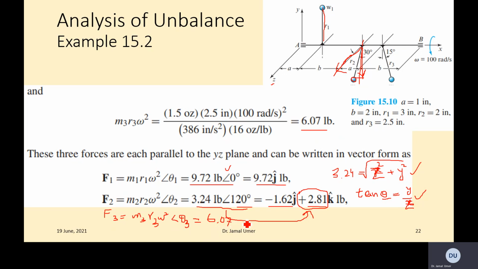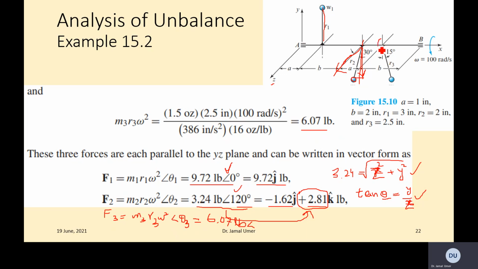Then this is in pounds, and for the angle you need to look carefully at what the angle is from the positive y-axis. All these angles are taken from the positive y-axis. You need to take one consistent reference. So you start from here, and this is like 15 degrees over here.